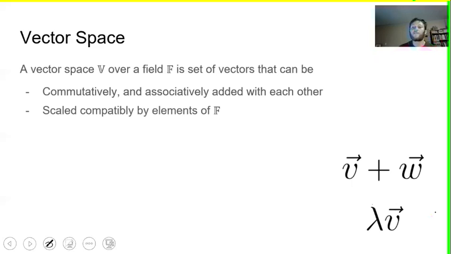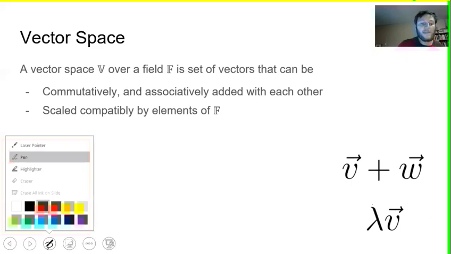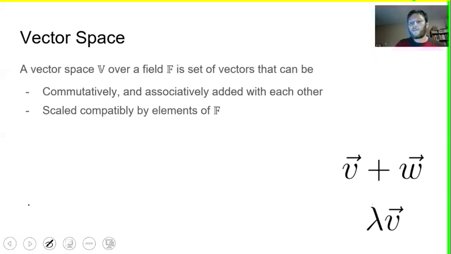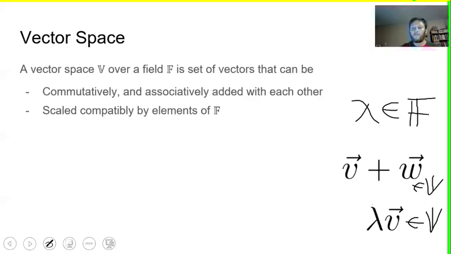So if you have some vectors that can be added together and scaled, and you stay in the space, so if you add two vectors, you're going to end up back in the vector space, and if you scale a vector, you're going to end up back in the vector space. If you've got those two things, then we call this a vector space over the field F. So lambda, the field of scalars, lambda comes from F. So that's another reason the field is helpful for us.